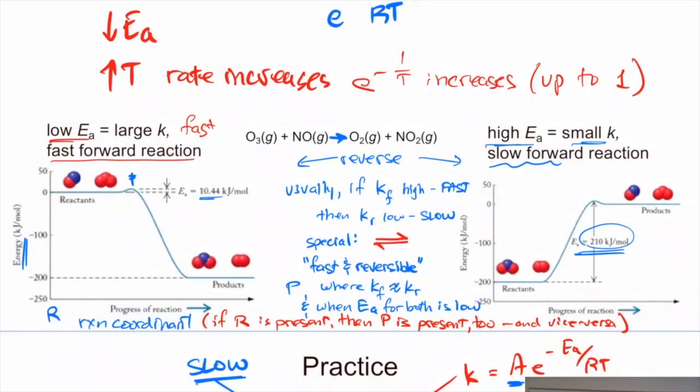That's when the forward and the reverse rates are fairly equal to each other, and they're both very, very fast. When you have that special case, we use this double-headed arrow, and that basically means that the minute that you have products formed, you also have reactants, or the minute that reactants are there, you have products. Meaning that if you've got one, you instantly have the other one.